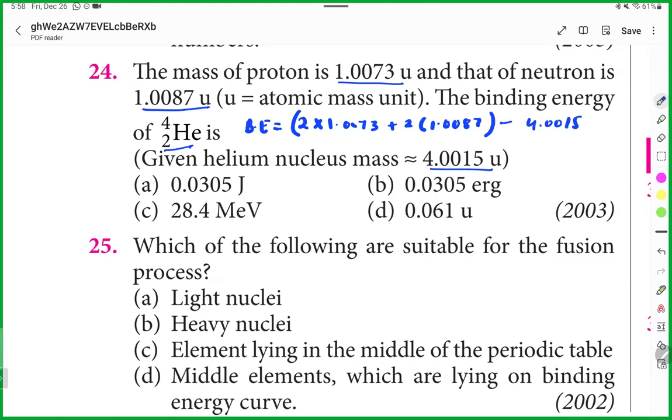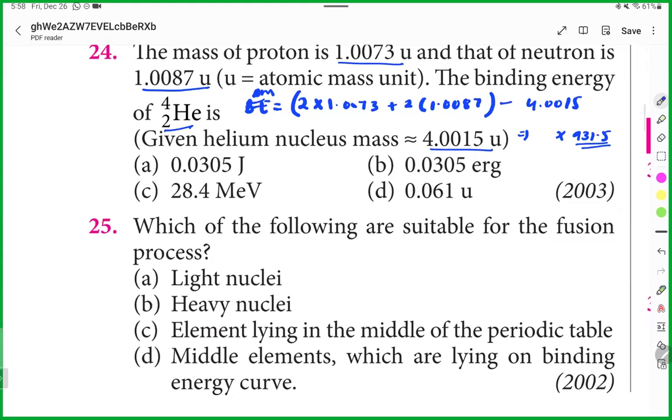So first you will calculate delta M here in units. Whatever will be your answer, delta M value, you will multiply that number with 931.5. But for easy calculation, keep it near 900 so it will be easy to calculate. Understood? You will get the answer. Any doubt?